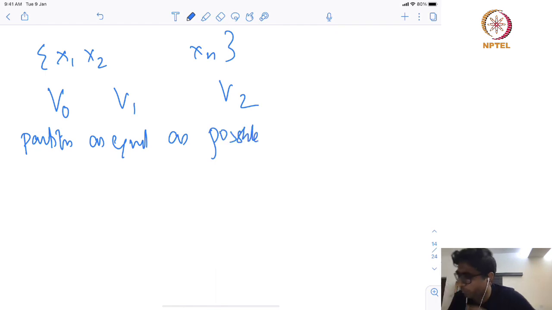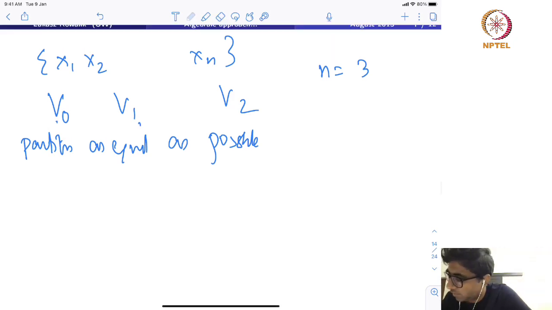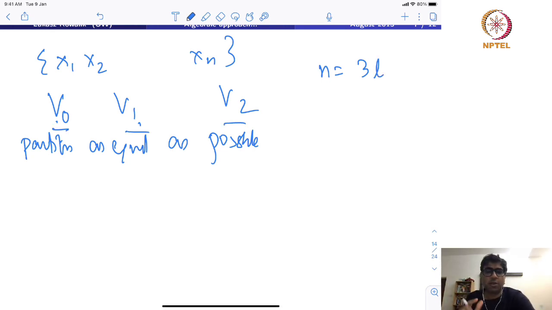If n were, say, 3l, then v0, v1 and v2 would each be of equal size l. Otherwise, you can always come up with sets which differ by roughly 1 or 2 elements. So you come up with this partition.